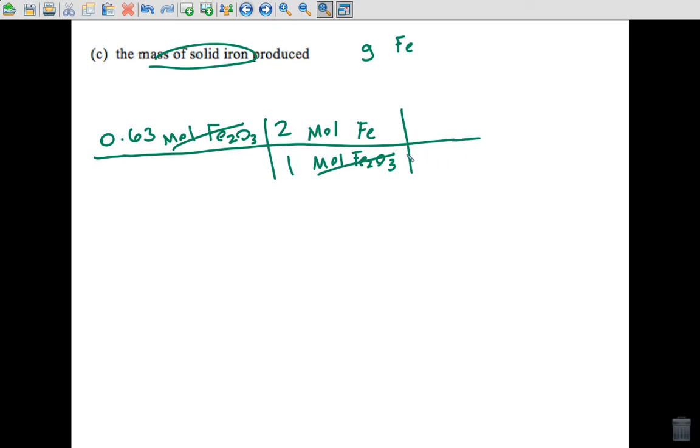And then to go from moles of Fe to grams of Fe, I'm just going to use the molar mass of iron, 55.85 grams. I do my math, and I figure out that 70.37 grams of iron can be produced from those two reactant amounts. That's the maximum amount. That's a theoretical yield.